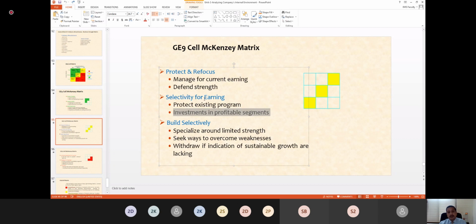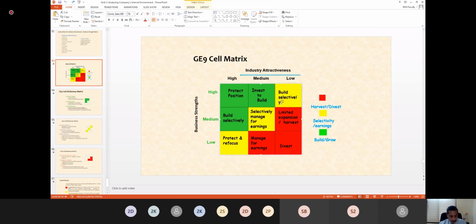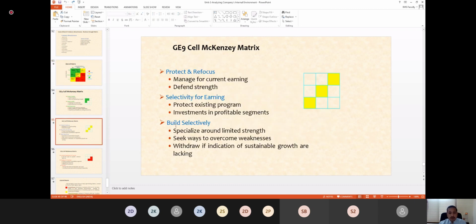And then the third category is build selectively. If you see this particular box, or group of business units, on the top right of this matrix, that is build selectively. Here the industry attractiveness is very low. However, the business has very high strength in this particular industry, and therefore we can build our selective expertise in a particular business.